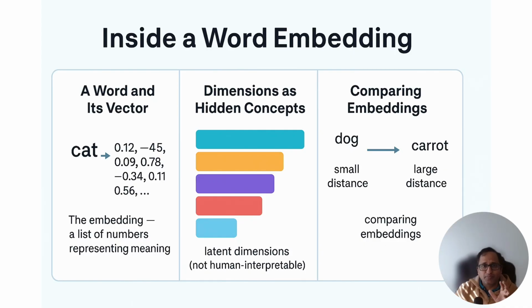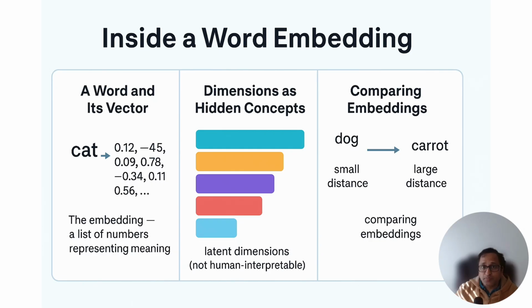Here each number represents a hidden dimension that the model has learned on its own. Maybe one correlates with being alive, another with being an animal, another maybe with size. None of these axes were hand labeled. They emerge automatically from co-occurrence patterns in the text.